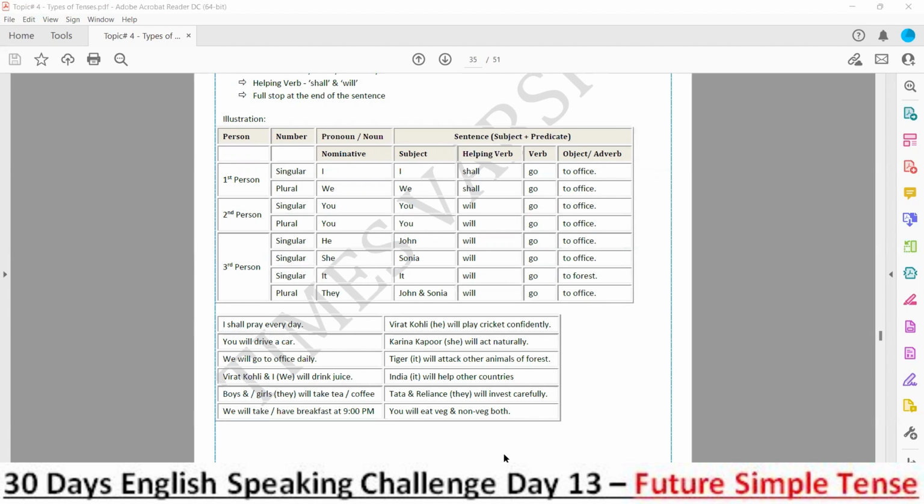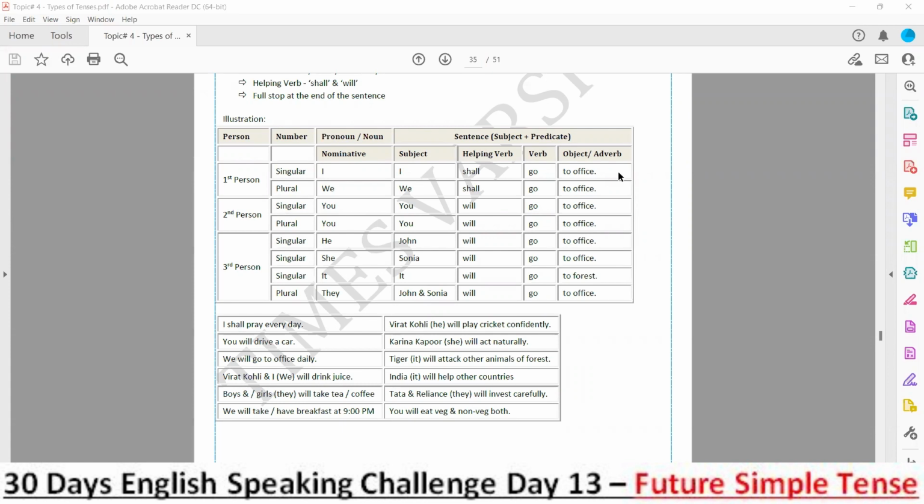So let's start with Faiz. Faiz, please read these sentences and translate in Hindi or English. I shall go to office. मैं ऑफिस जाऊंगा. We shall go to office. हम ऑफिस जाएंगे. You will go to office. आप ऑफिस जाओगे.